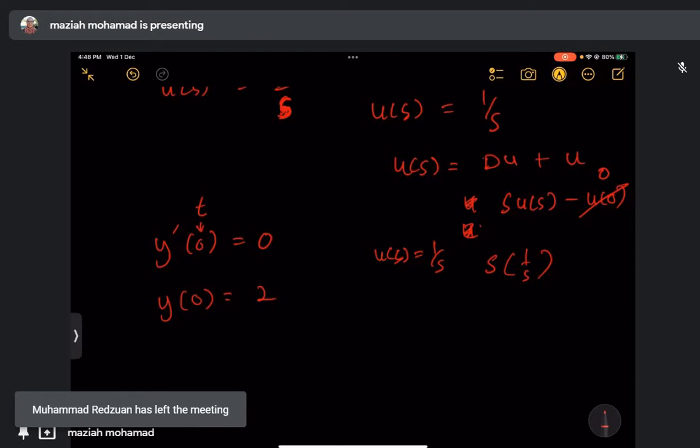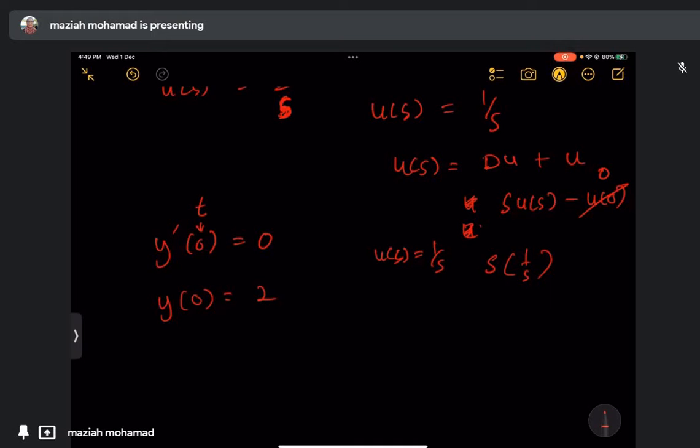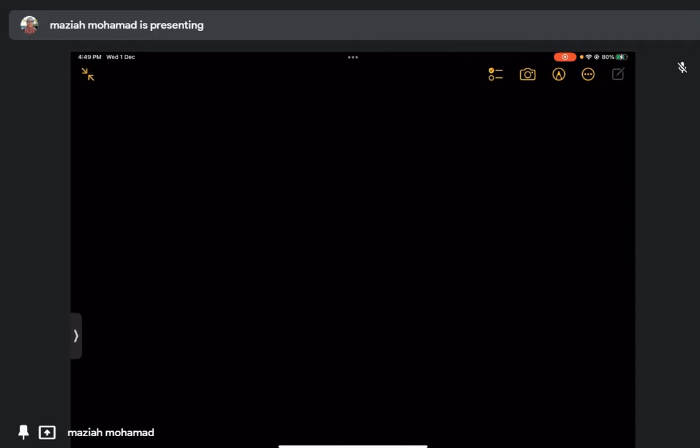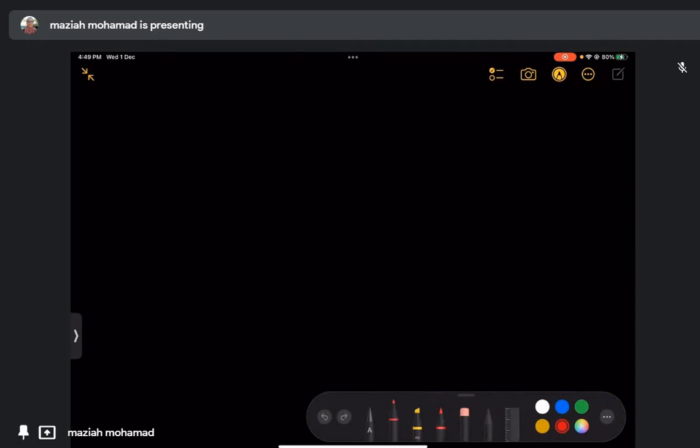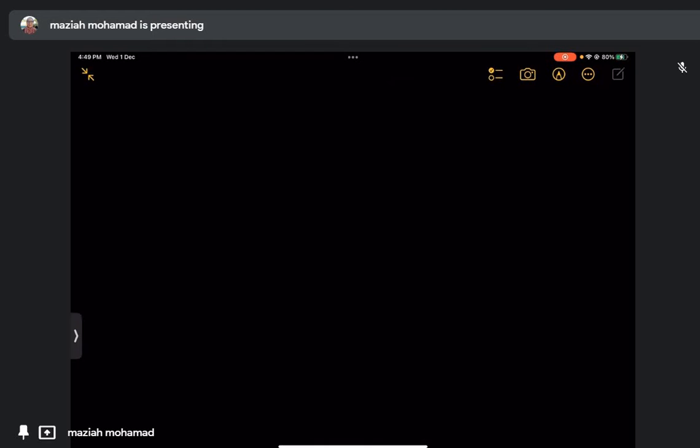All right. Last one is the first order system. Y(s) over R(s) is equal to 3 over 5s plus 4.